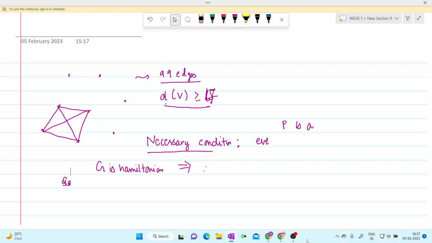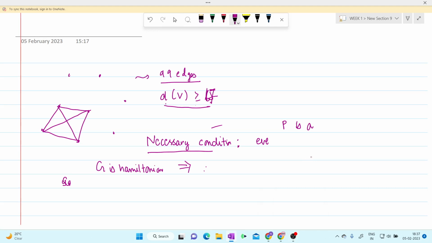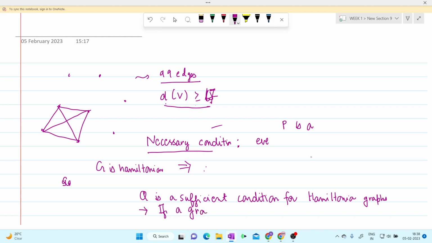But for a sufficient condition: the necessary condition is that every Hamiltonian graph should have that P. But if some Q is a sufficient condition for Hamiltonian graphs, by this we mean that if a graph G has Q, then G is Hamiltonian.